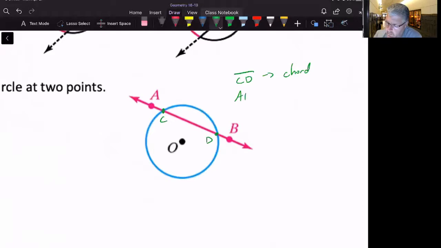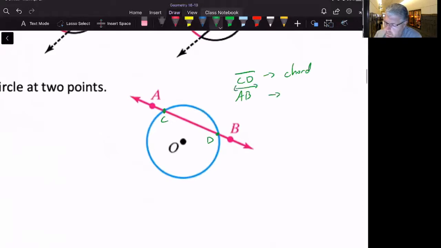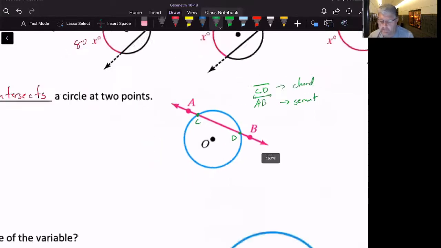Line AB is what we call a secant. The chord would be CD, which is the segment. A secant is the entire line where it goes all the way through. So a secant contains a chord.